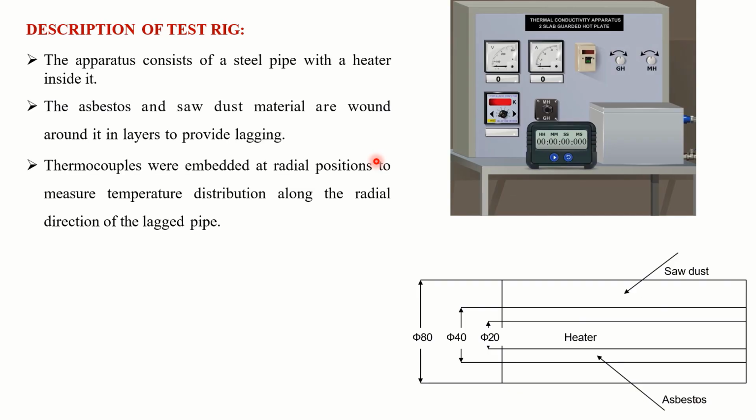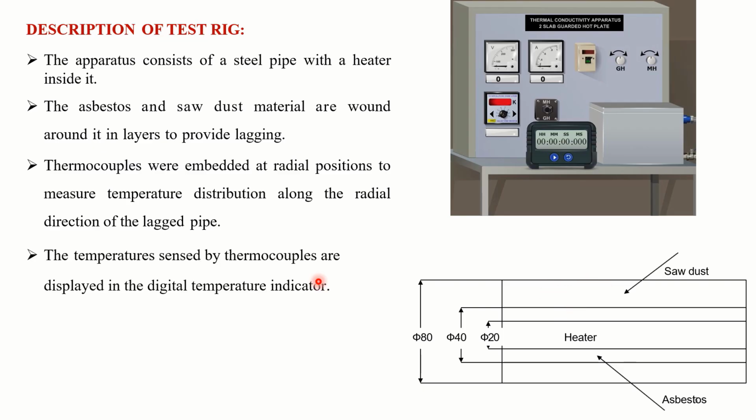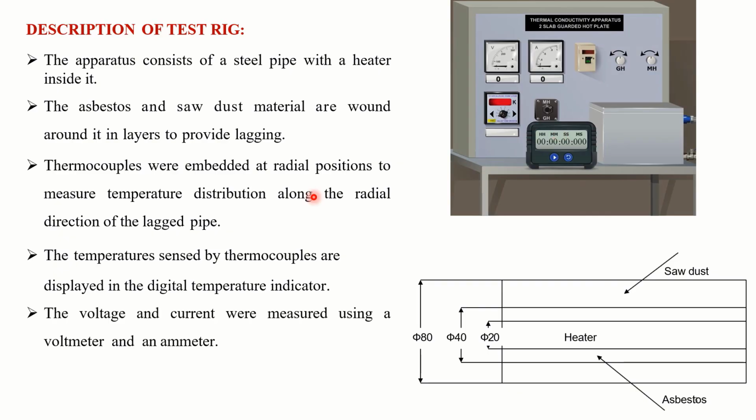And we have thermocouple arrangements across this pipeline, at the interface between the sawdust and asbestos layers, and at the outer surface of the sawdust. The temperatures sensed by the thermocouples are displayed through a digital temperature indicator.